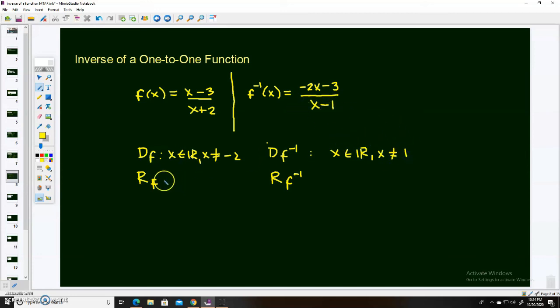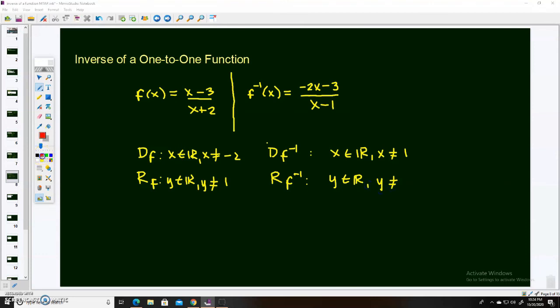Now regarding the range, you've learned that in cases like this, when you have a rational function with numerator degree 1 and denominator degree 1, the range is simply all real numbers except the ratio of the coefficients, which is 1 for the function, and for the inverse, all real numbers except the ratio of the coefficients, negative 2.